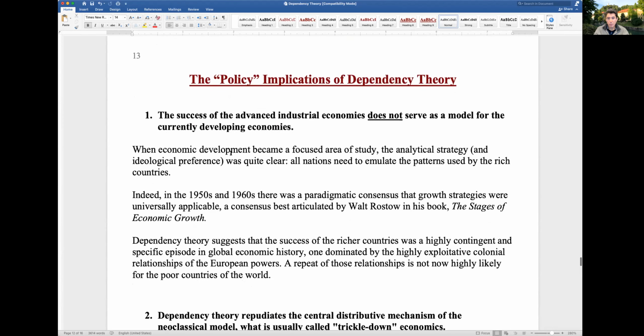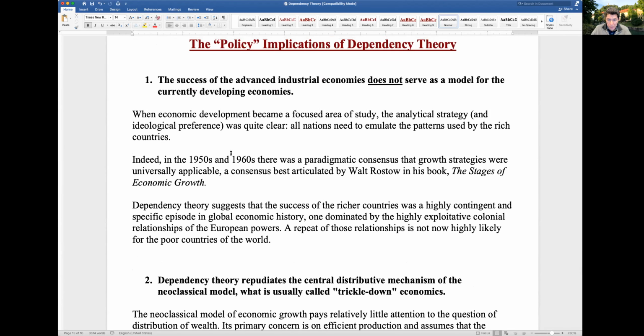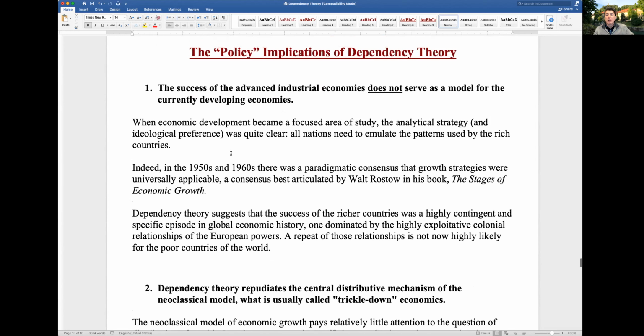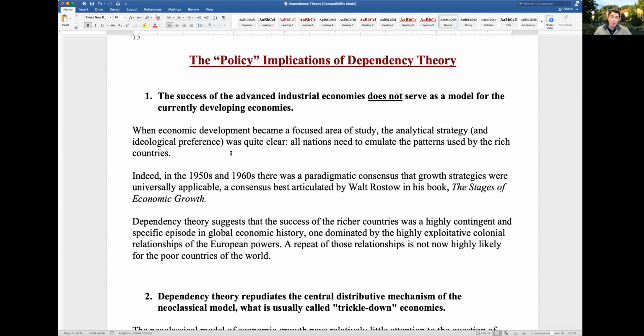Instead, I want to talk about the policy implications. And this is going to be a nice introduction for what we are going to be covering next week, okay? Policy implication number 1. I already mentioned this, and you can read this later.